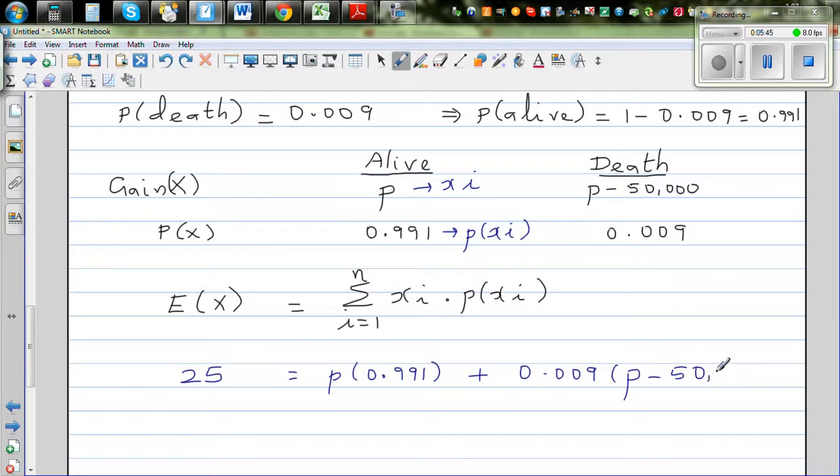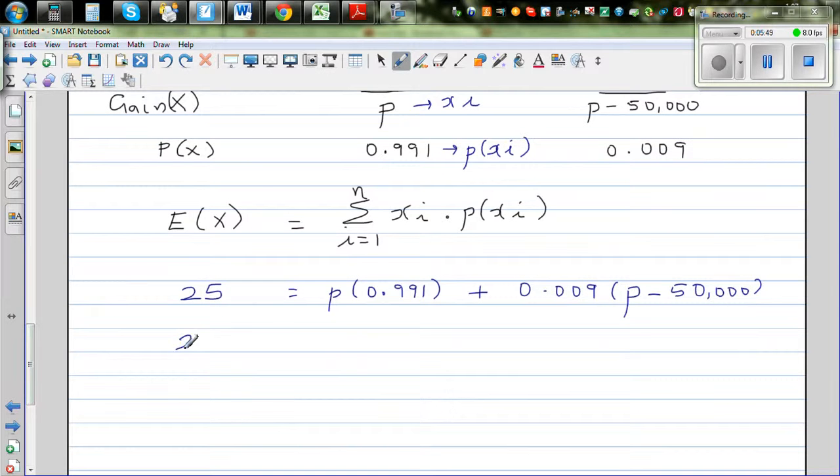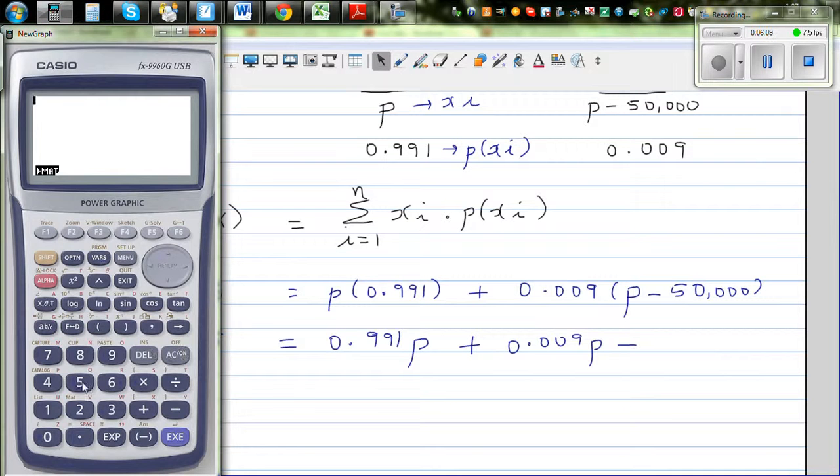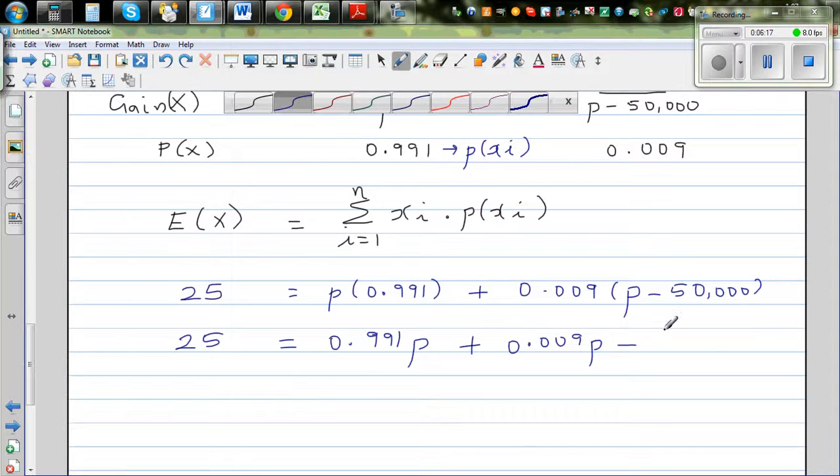Let's do a little algebraic manipulation and expand this bracket. So 25 is 0.991P plus 0.009P minus 50,000 times 0.009, which is 450. So this is minus 450.